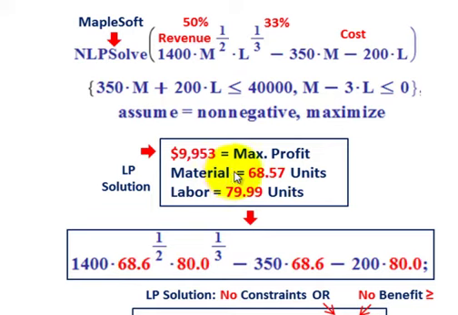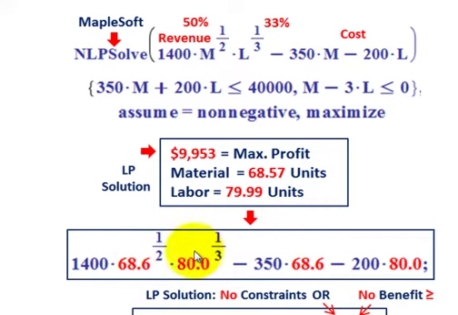And then the material, we're just looking at one product, in material units, 68.57 units, and then our labor, 79.99 units. However you define it, whether you want to break that down into hours or dollars per hour, in our solution, that's what we came up with. Okay, so there it is.